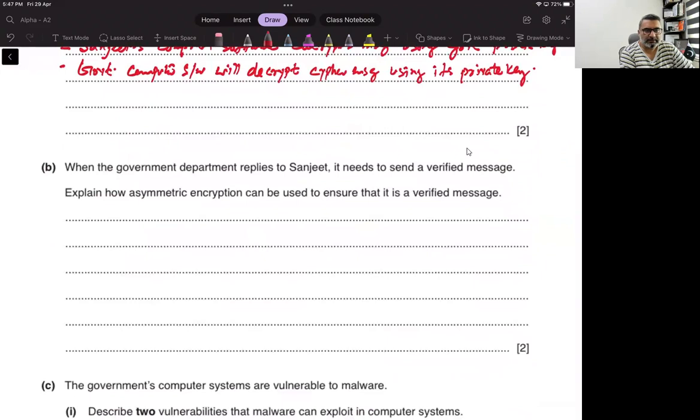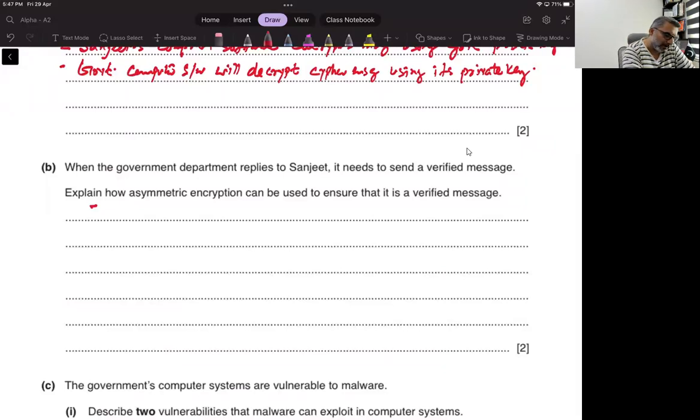When the government department replies to Sanjeev, it needs to send a verified message. Explain how asymmetric encryption can be used to ensure that it is a verified message. All right, so a verified message means adding the digital signature to it.